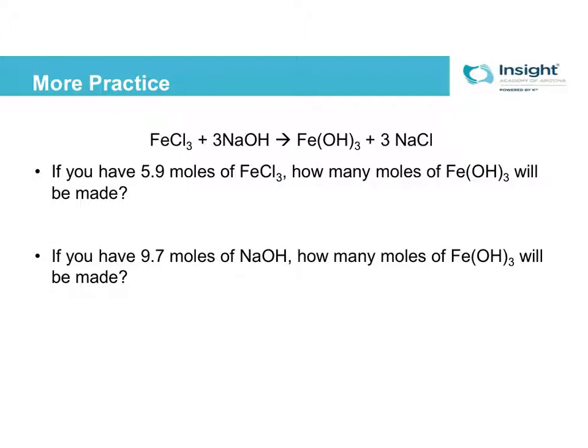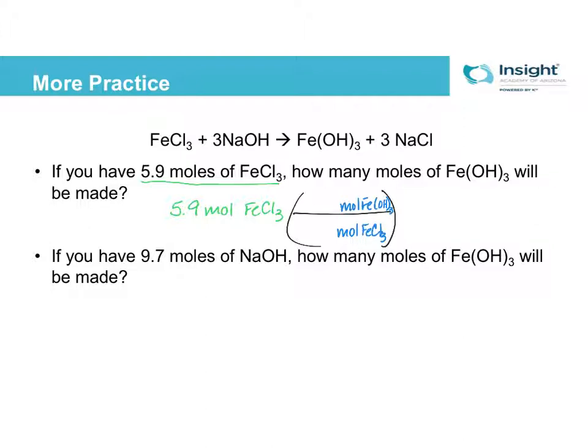So my starting point is the number given to me. So moles FeCl3. Set up my parentheses. In the bottom, I'm going to put moles of FeCl3 because that's what I need to cancel out. And I'm going to put moles FeOH3 on top. My numbers are going to come from my balanced equation.